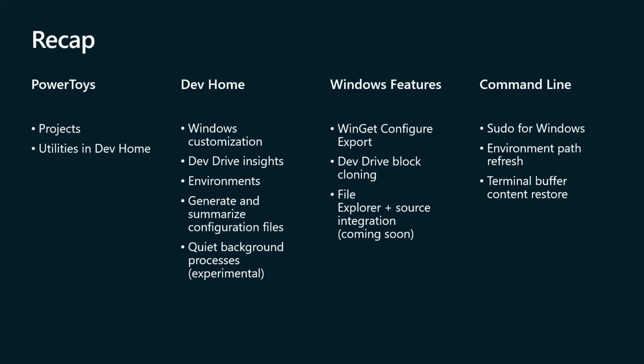We've got WinGet configure export that allows you to take your app settings and export that into a configuration file so that you can apply it to any environment that you're working in without having to fuss around with those settings files, as well as command line improvements like the Sudo for Windows and the environment path refresh. So Git just works and I don't have to close my windows. And even if I do, that terminal buffer content restore will save me. So tons of stuff. So what's up next, Kayla?